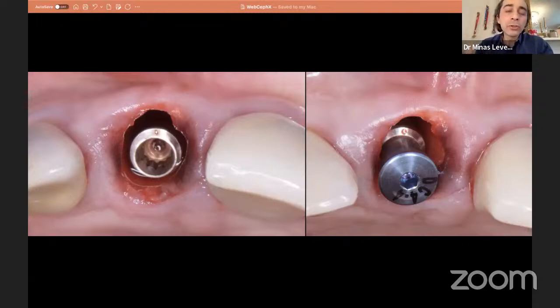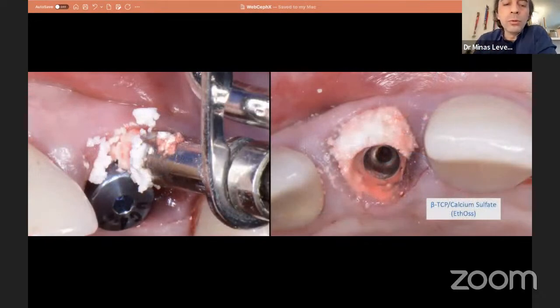And at the same time, of course, I need to keep the volume. A very good option would be to use a xenograft, although we constantly like to use synthetics, even in such cases where we are really focused also on aesthetics.